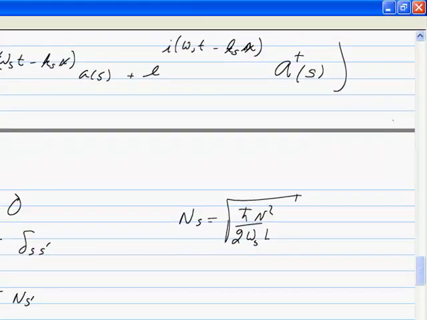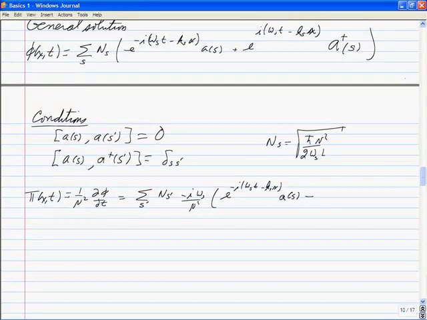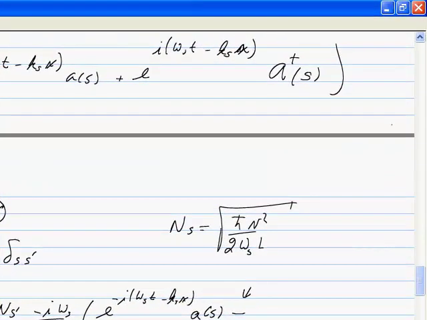I bring down a minus i omega, so let's do minus i omega f over v squared. I then get my exponential back again. And on the second term, because I pulled out a minus i, it's really a plus i in the second term when I take the time derivative. So I have an extra minus sign that sits there. So let's put a star there so you don't miss it.